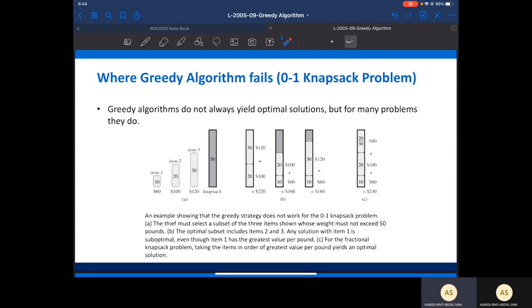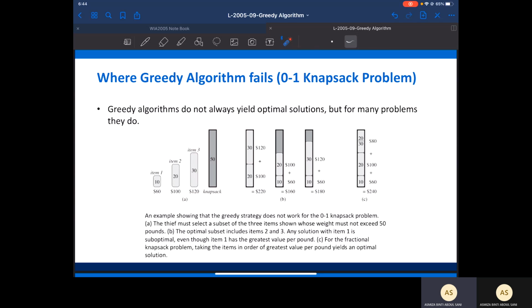So these are some of the possible solutions. Either the thief chooses first the biggest size, and then the next bigger size, and these are the profits.